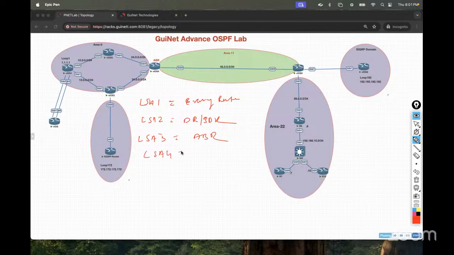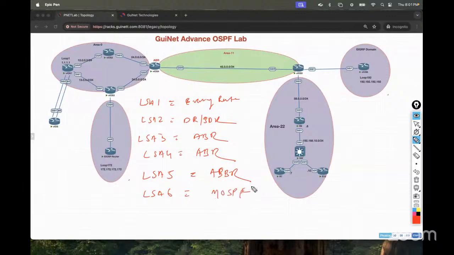LSA 4 gives the ASBR summary LSA, but is generated by the ABR only. LSA 5 gives the external route information and is generated by the ASBR. LSA 6 is used for MOSPF, that is multicast.